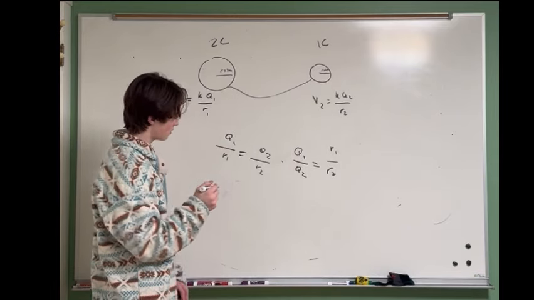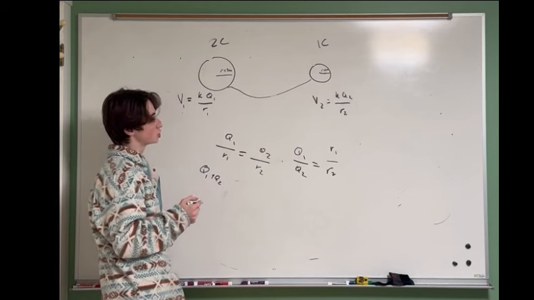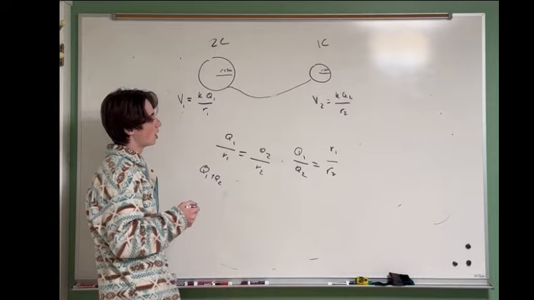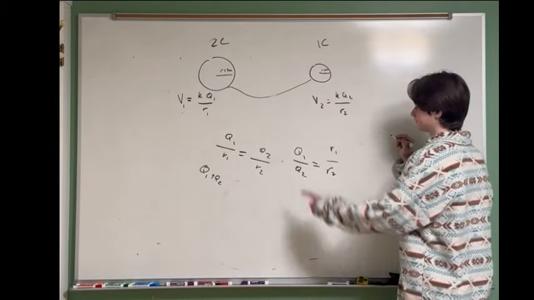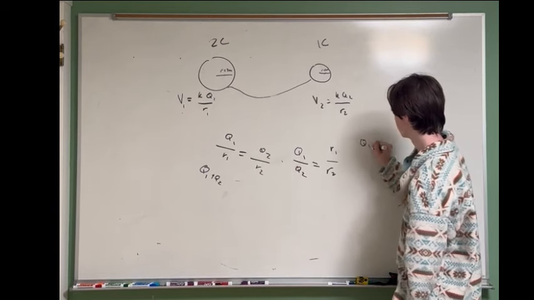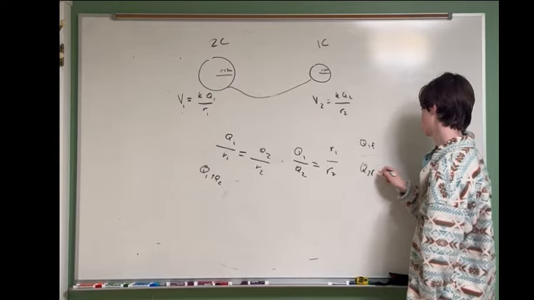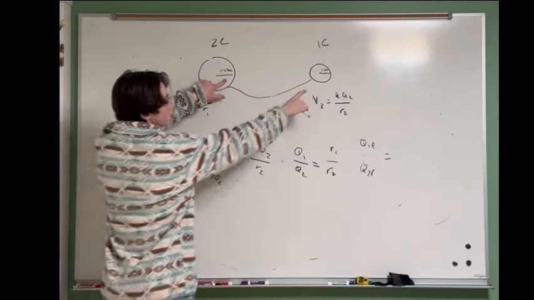And we also know that Q1 plus Q2, the total amount of charge, is going to remain constant in this entire process. So let's plug in our values now. The final Q1 charge over the final Q2 charge is going to be equal to radius 1 over radius 2.